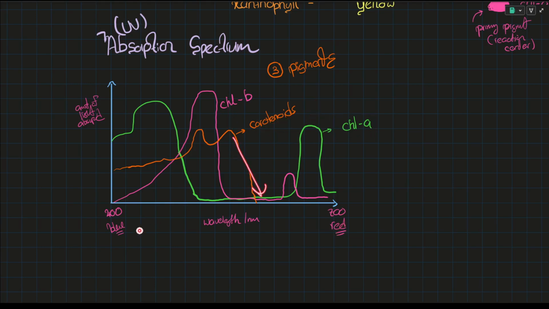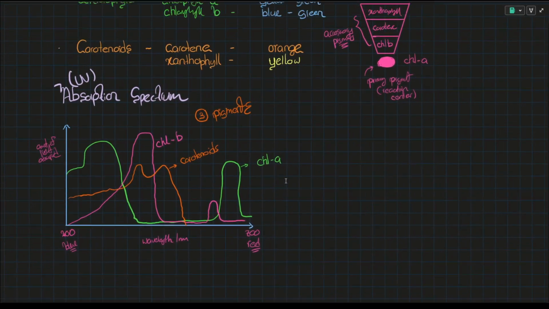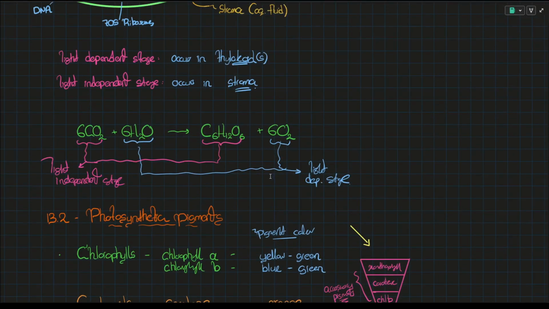See, it dips here, it dips around somewhere here. So blue, violet, something like that, dips around here. Chlorophyll A dips, but it rises over here. It's capable of absorbing red light as well. That is why we need different types of photosynthetic pigments to maximize light absorption in different wavelengths.